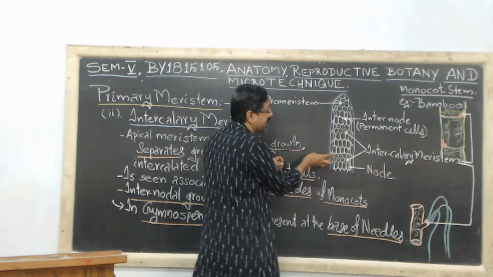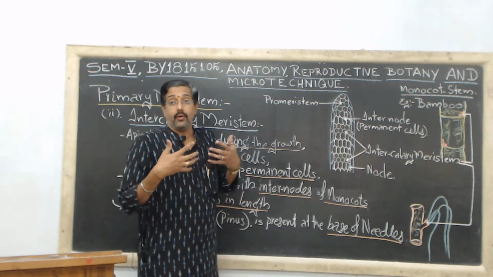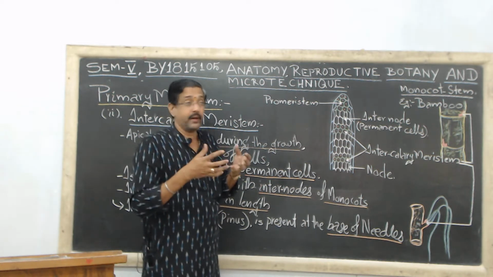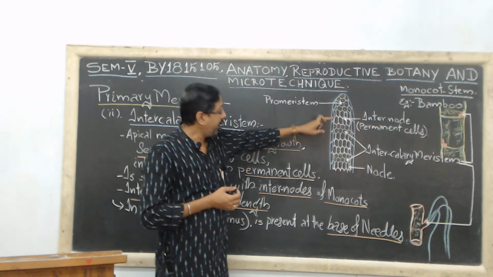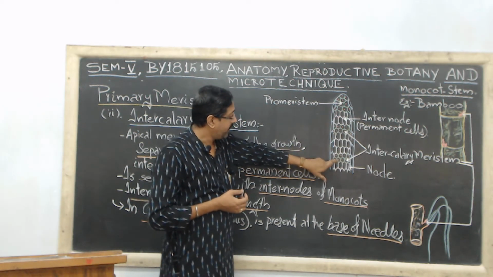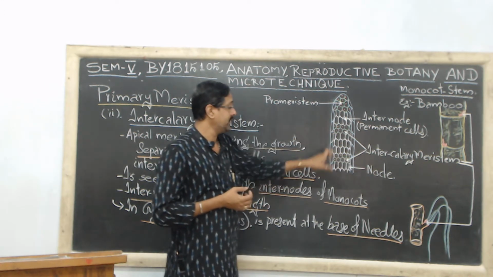It is intercalated, mingled along with the primary permanent cells present in the plant body.